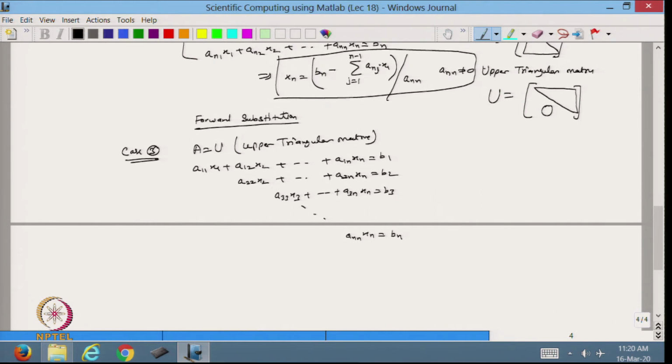So, in this case also I am able to find the solution of this system, starting with the last equation. So, that is xn. This will be bn by ann.